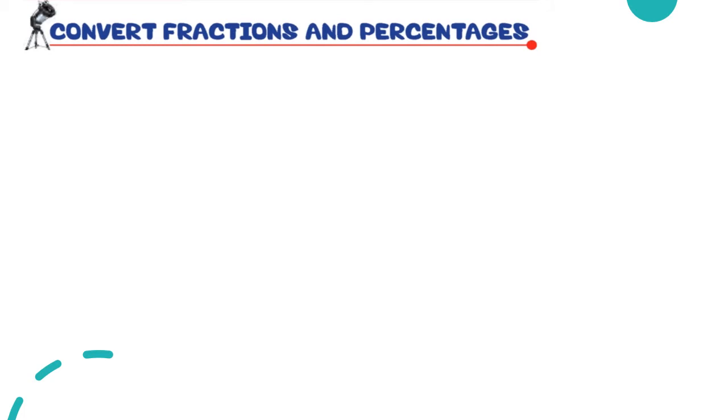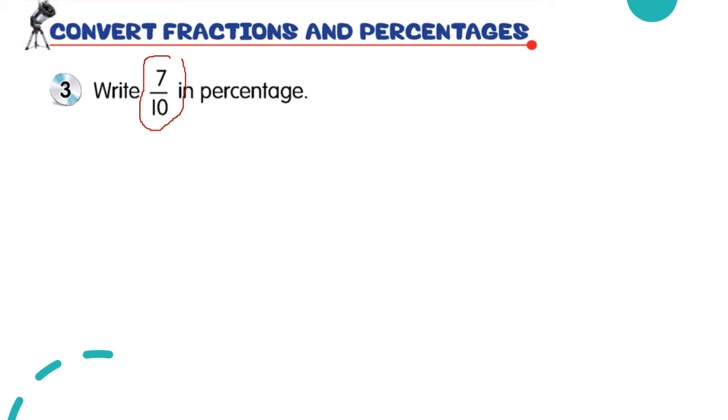Okay, we will continue our example. Still we want to convert fraction to percentage. For this example, we want to convert 7 over 10 to percentage. So we have several methods. Let us look at the first method.